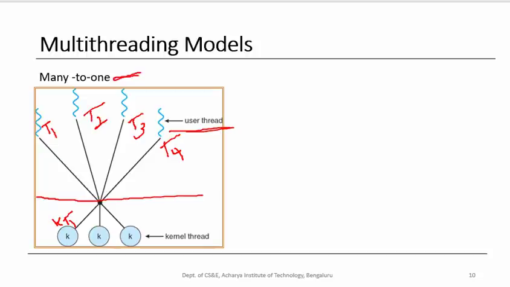That means T1 is tied, in the sense mapped, to all these kernel threads, and T2 is also. So T1, T2, T3 user threads can take the services of any of these threads. So this is an interesting model.